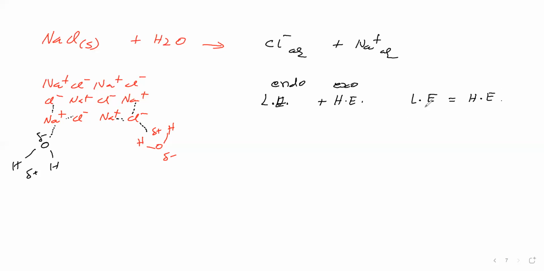If lattice enthalpy is greater than hydration enthalpy, then solubility will be low because it requires energy. The net factor is endothermic. If lattice enthalpy is less than hydration enthalpy, then solubility will be more.